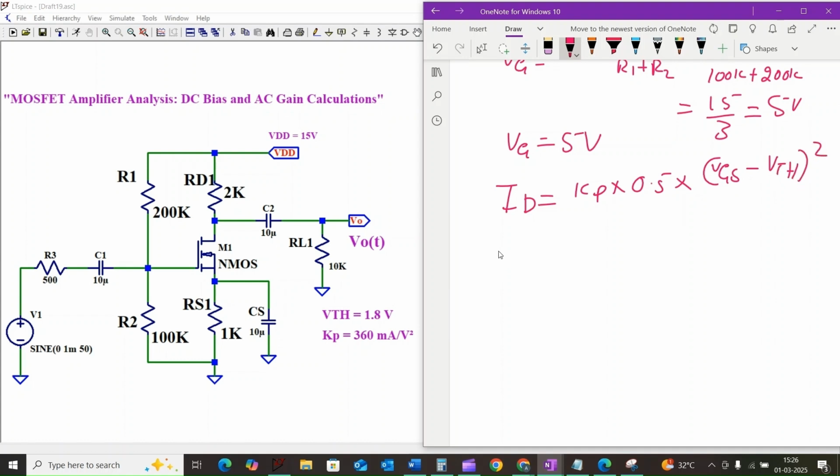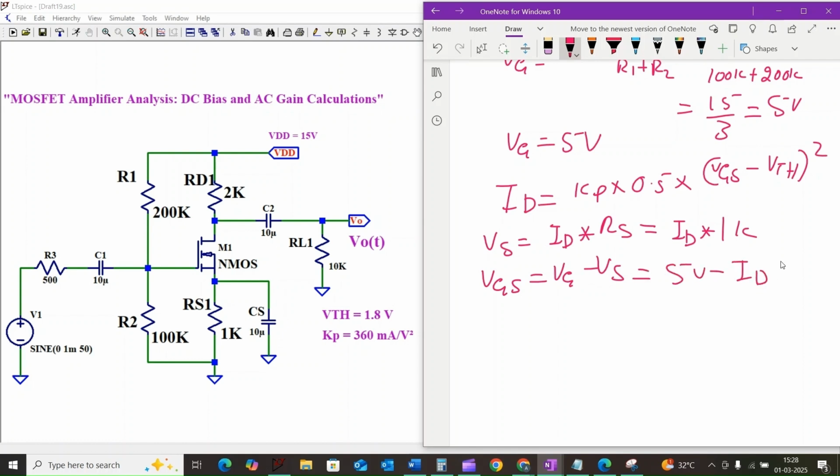And also we know that the source voltage VS is equal to ID into RS, the source resistance, which is ID into 1 kilo ohm, and the gate to source voltage VGS is equal to VG minus VS, that is 5 volt minus ID into 1 kilo ohm.